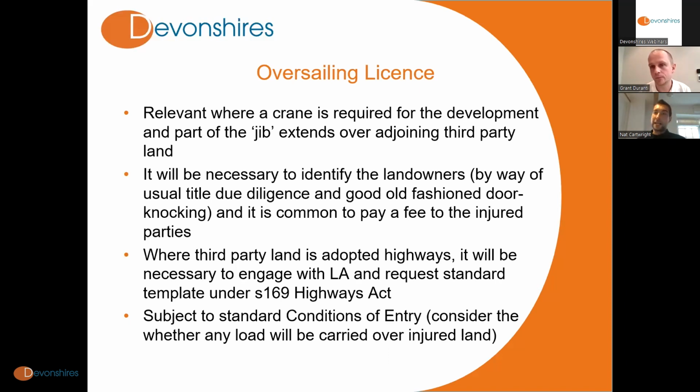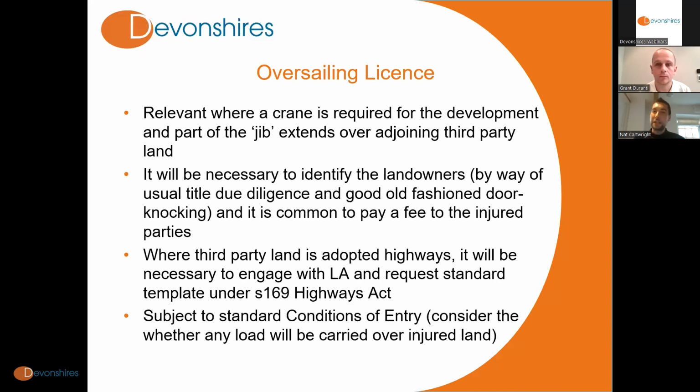In the same way as any license, these licenses will also be subject to the standard conditions of entry that we've previously talked about. It's probably worth considering whether there's actually going to be any load in terms of development materials which are going to be carried over the third-party land, because if there is, and it's significant, then there's a greater risk attached to the license from the adjoining property's point of view.